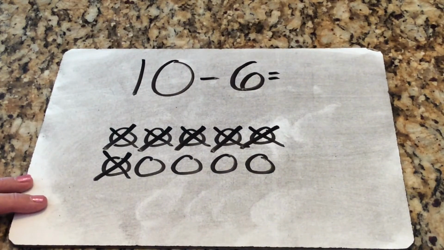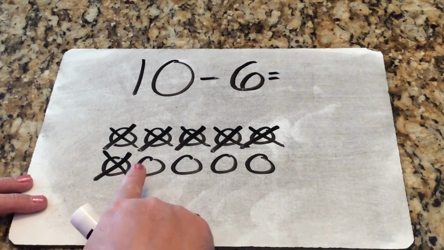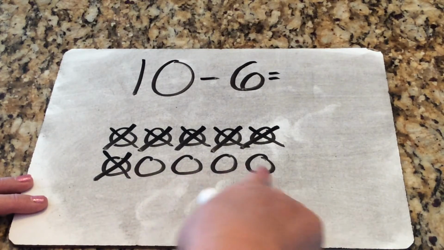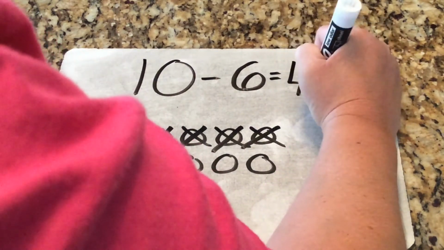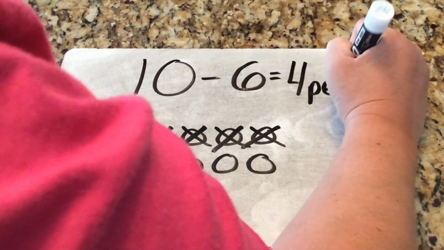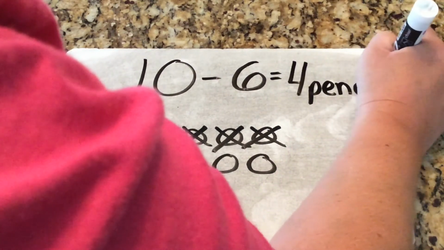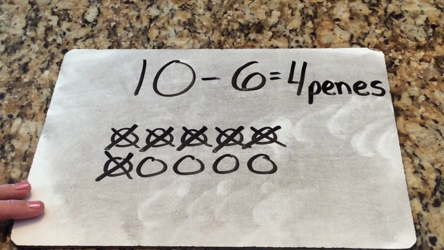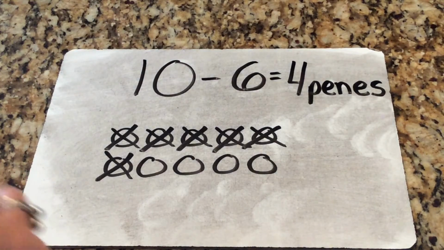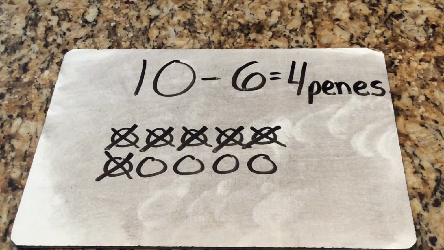How many pennies are left in my pocket? 4. 4 pennies. Remember, we are sound spelling. If it's not a word wall word, say it slow and write the sounds.